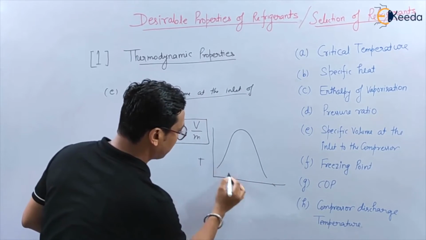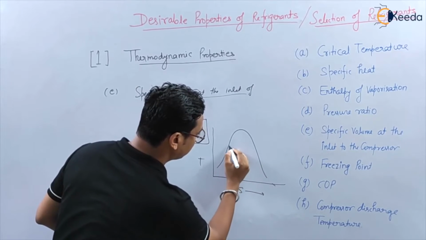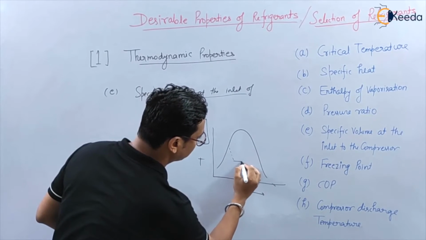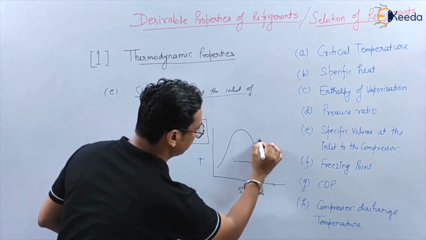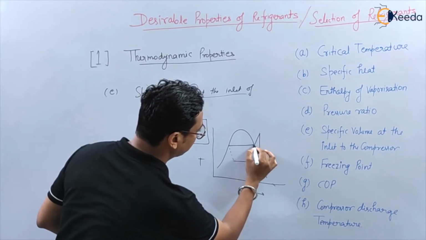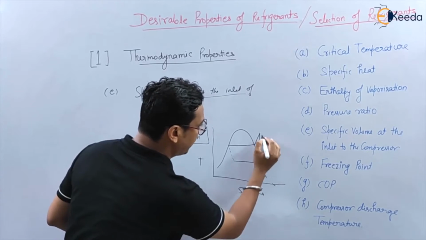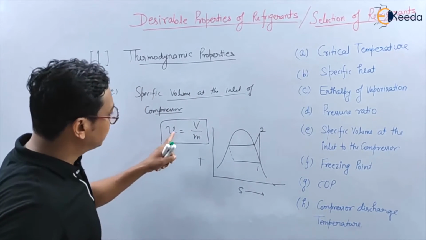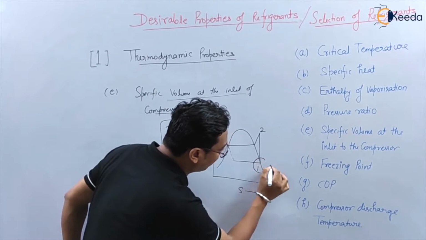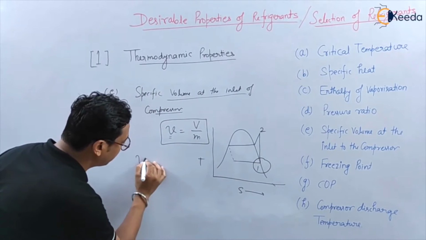1, 2. So specific volume at this inlet at point 1, that means small v1.